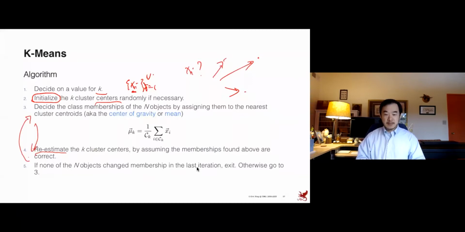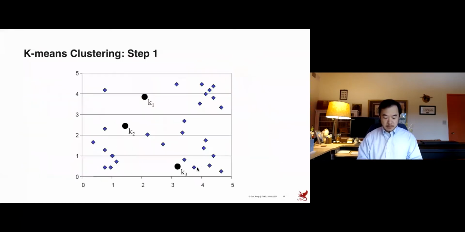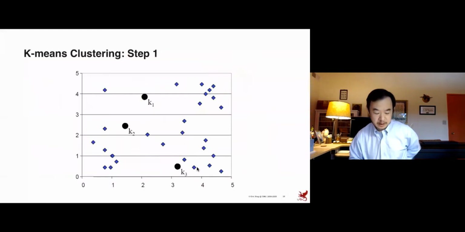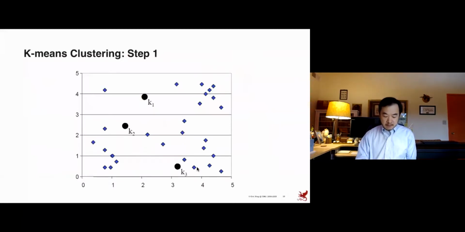Just to make sure that you get what I just said, I'm going to give you a more intuitive graphical illustration. Let's say we have all these initial data points as the blue diamonds. I pick 3 centers randomly, and here are the 3 centers.